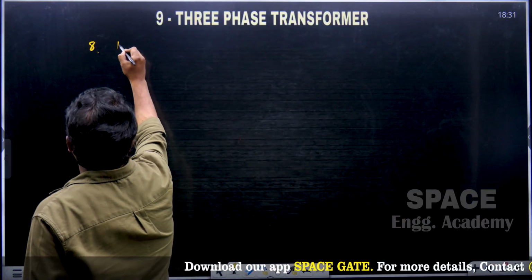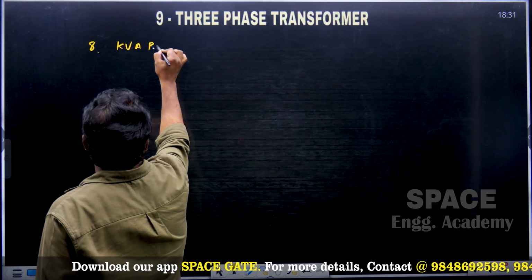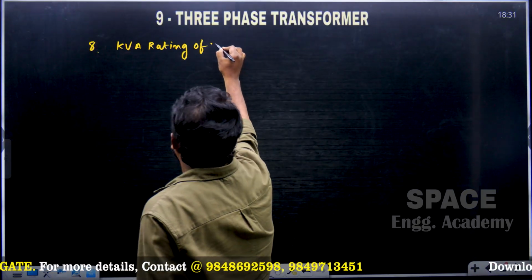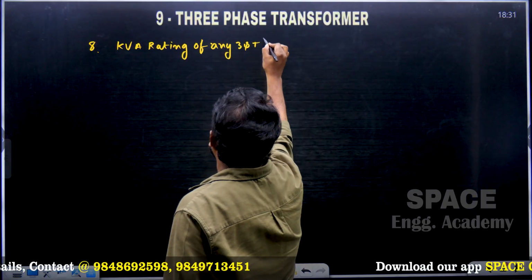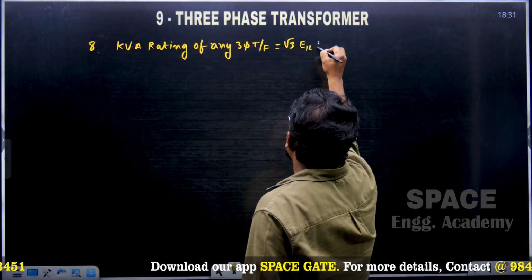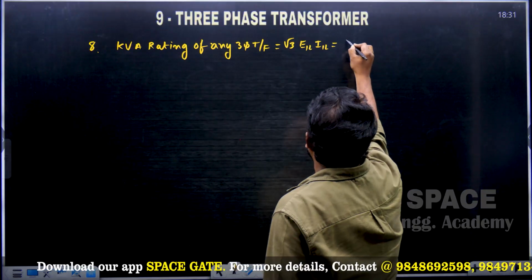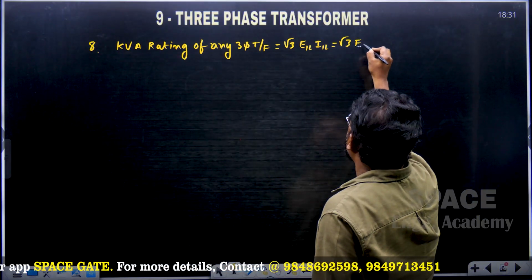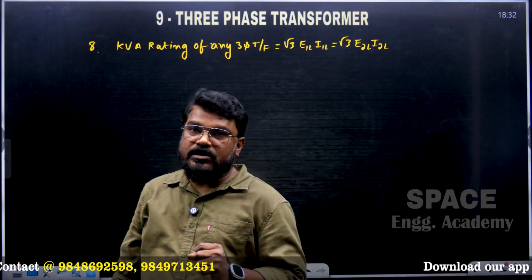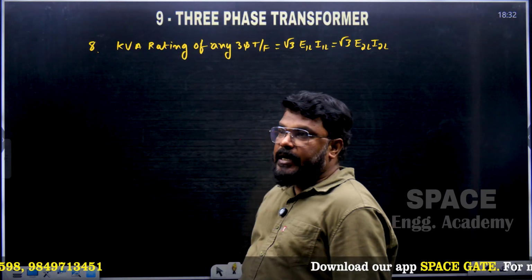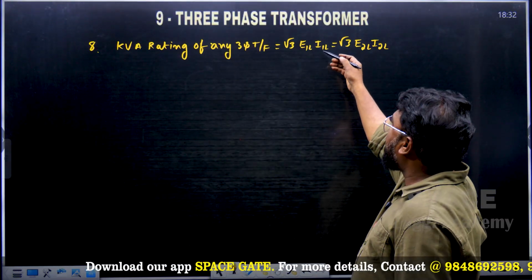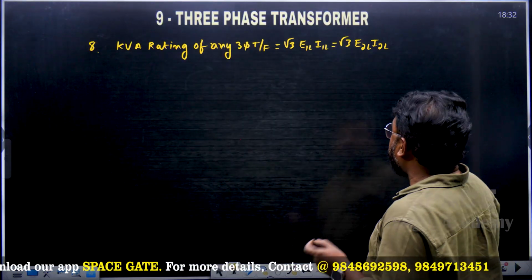The KVA rating, or power rating, of any 3-phase transformer is equal to root 3 times E1L into I1L, or it is also equal to root 3 times E2L into I2L. Here E1L is the EMF induced in the primary winding in terms of the line, and I1L is the current passing through the primary winding in a line.